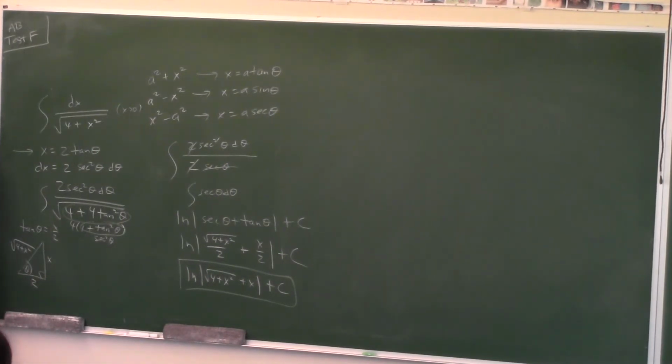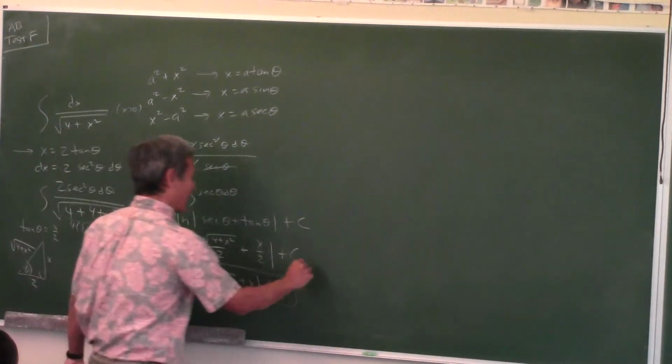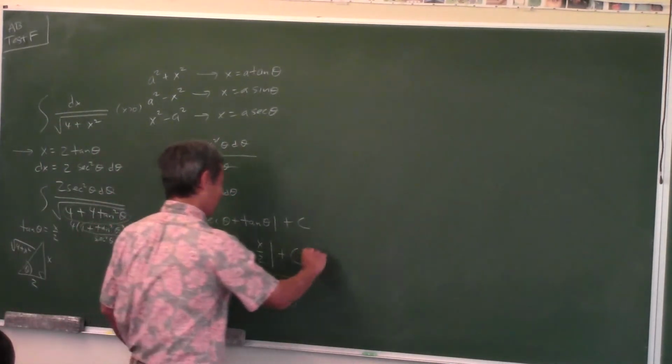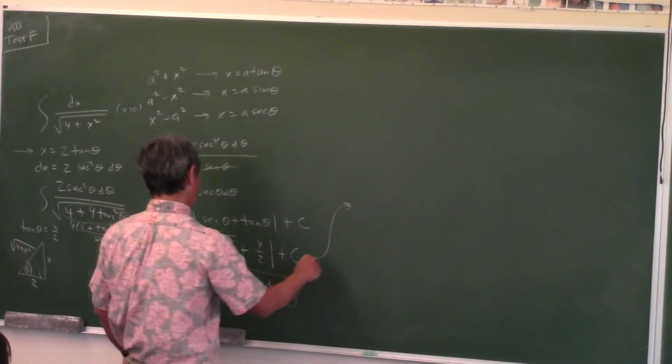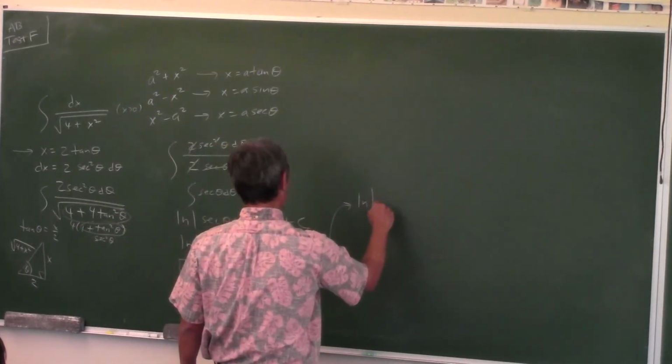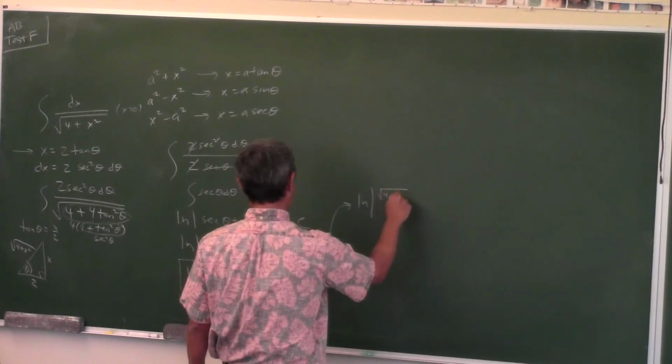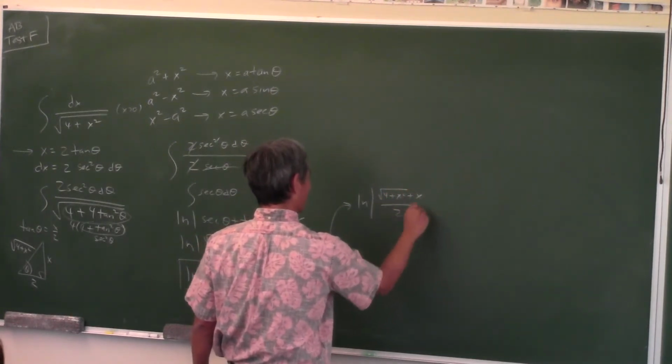Can you explain it more? It went to the C. Does everybody see why? I skipped some steps here, but look. If you make a least common denominator, isn't that root 4 plus x squared plus x, all over 2, plus C?